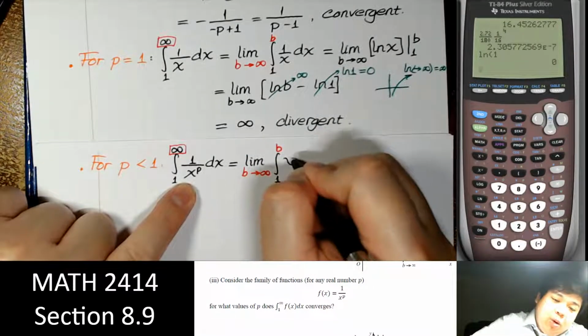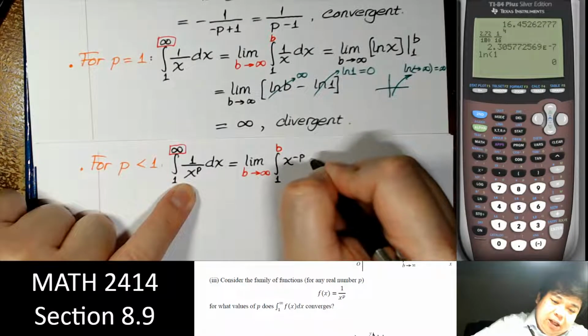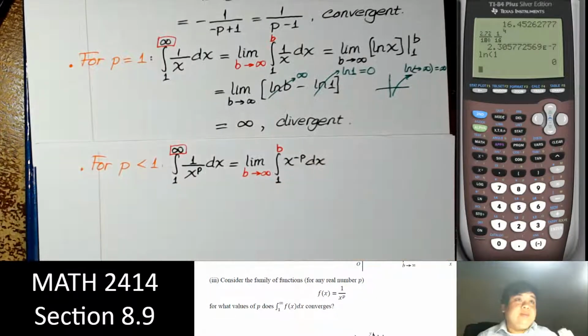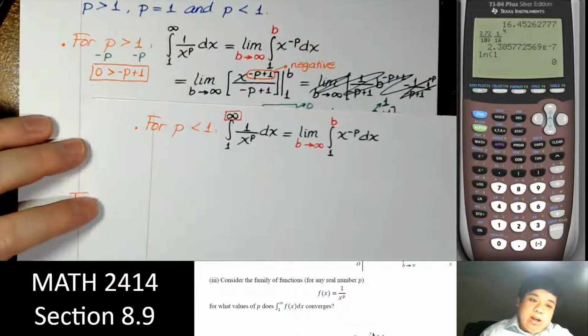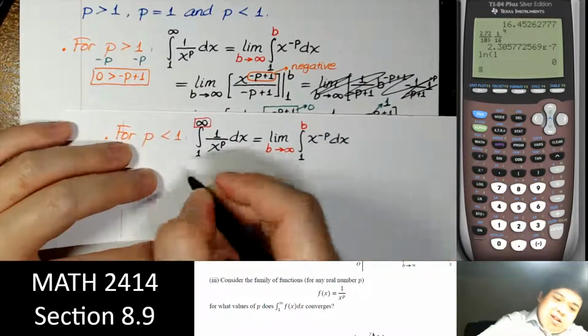And this we can rewrite as x to the negative p dx. Actually, it will work out the same way as before.